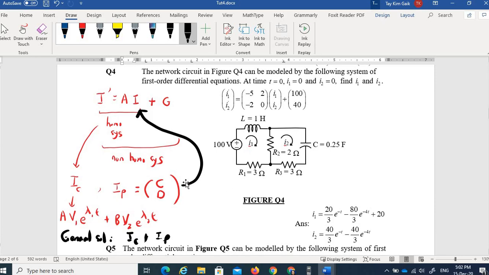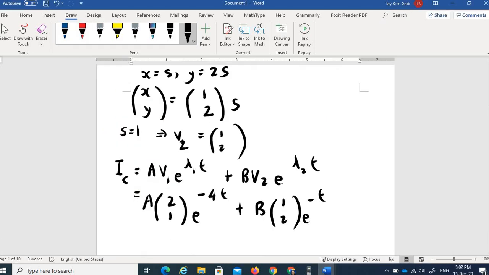Now we are going to determine the IP. As I said, choose IP based on vector G. This is our vector G. Vector G is constant, so choose the IP as a constant vector too.